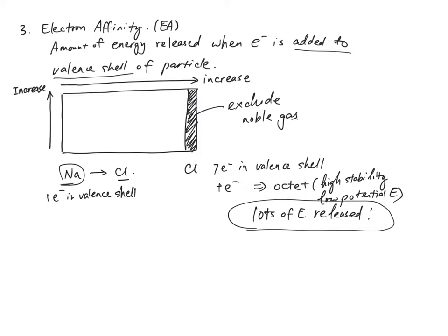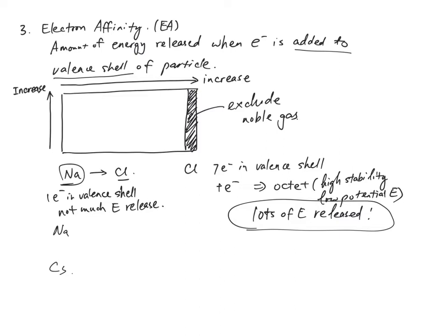So not much energy released. Now, bottom to top, think about between sodium or lithium, and let's say cesium. If you gave sodium one electron, remember that electron is going to be on the third shell.